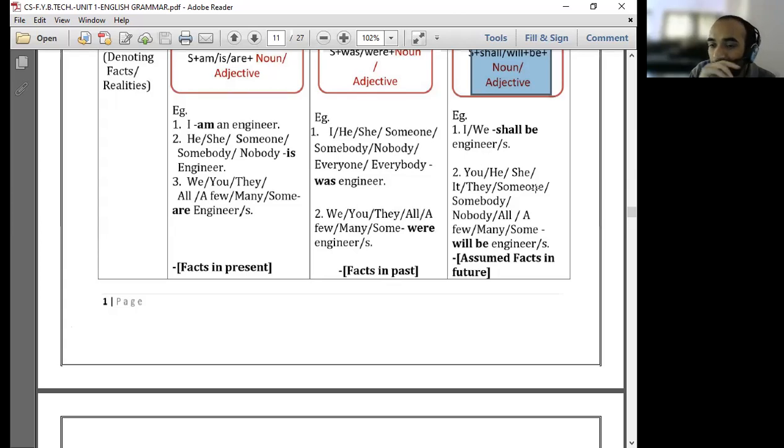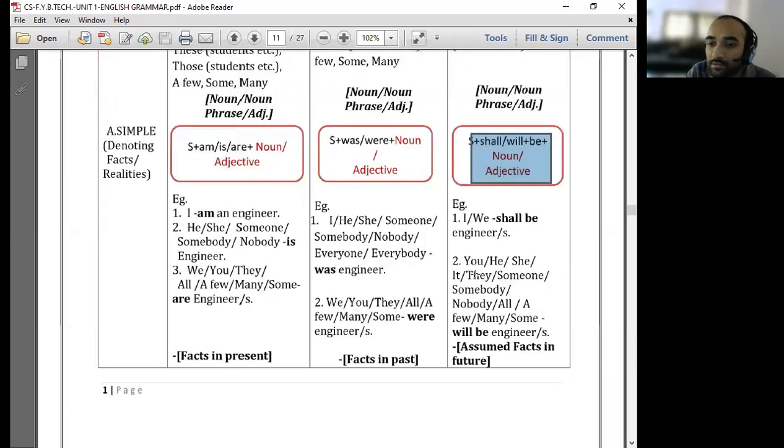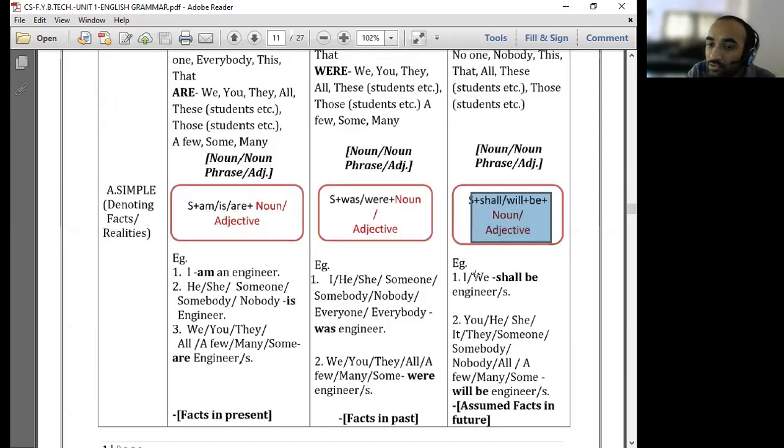Whatever facts or realities will be in the future, not in the present or the past, the realities that will be in the future, we express using the future tense.